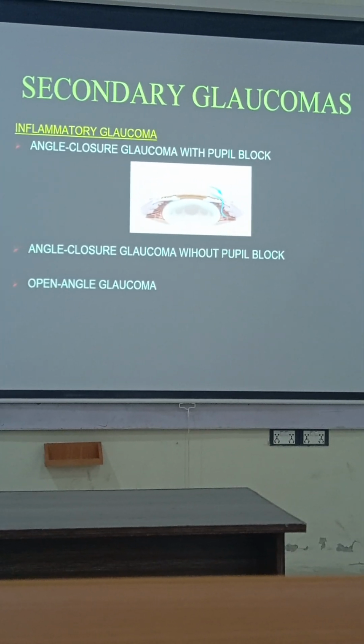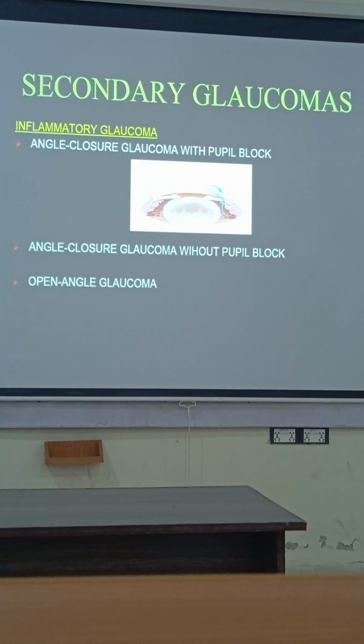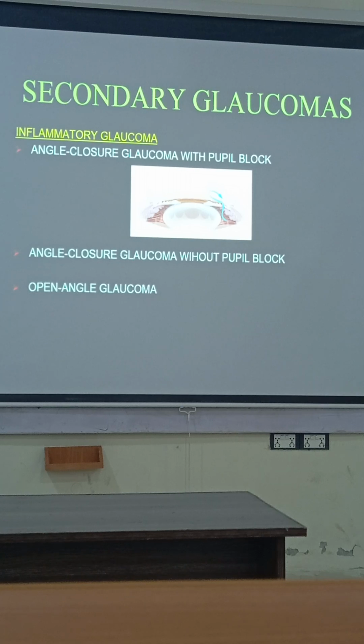So it will be called secondary angle closure glaucoma because of uveitis. ठीक है ना? तो ये एंगल क्लोजर ग्लाकोमा विद प्यूपिल ब्लॉक मतलब है कि वो पोस्टीरियर सिनेकिया बन गया। आपको पता है कि एंटीरियर यूवेटिस में एक इंपॉर्टेंट साइन होता है फॉर्मेशन ऑफ पोस्टीरियर सिनेकिया। याद है आपको?